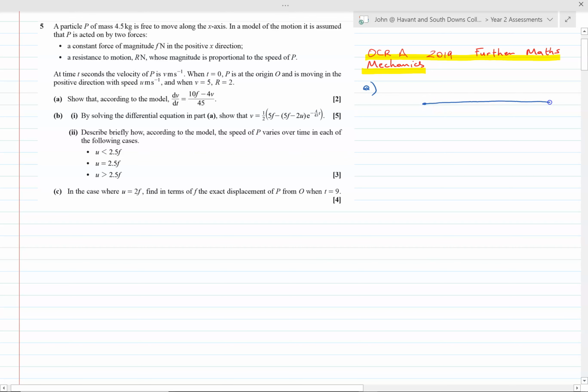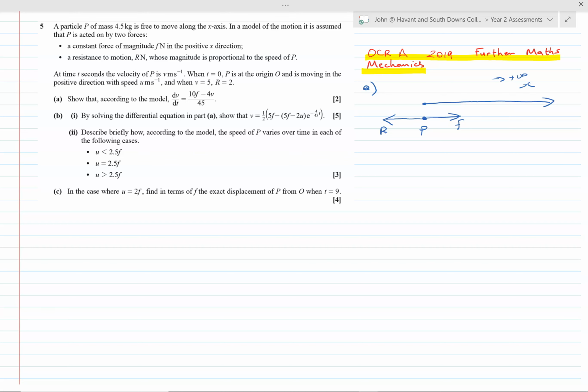Let's draw my x-axis here, and we've got the particle P. The force on it is F going in the positive direction, and there's a resistance force R, which is proportional to the speed, going that way. So we're going to be applying F equals ma.